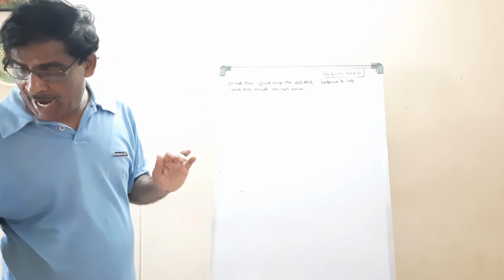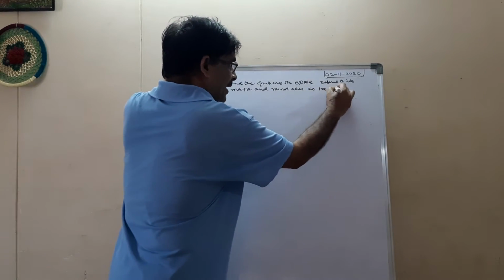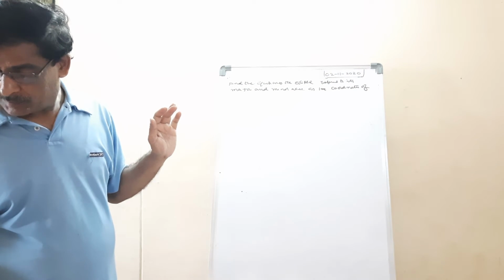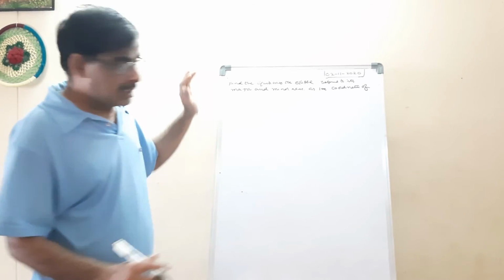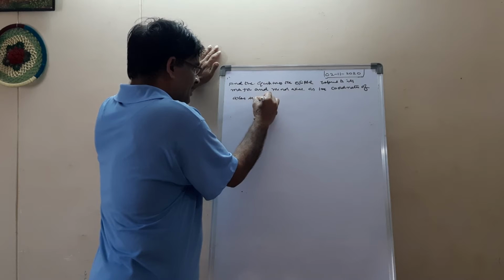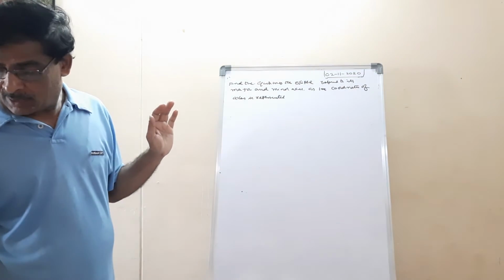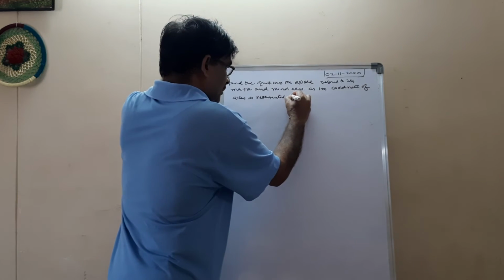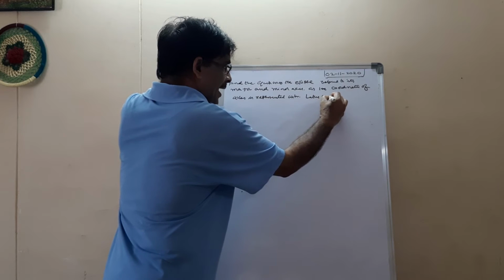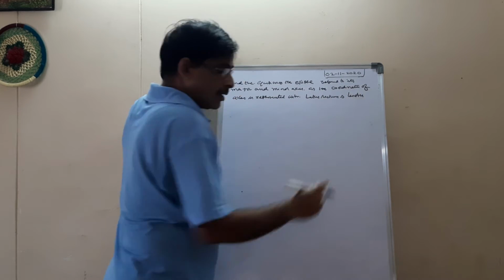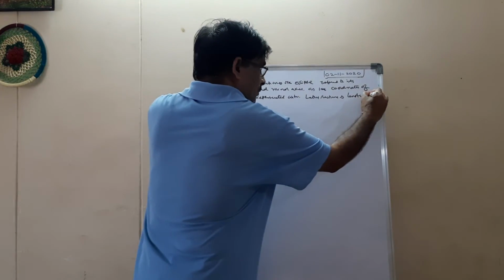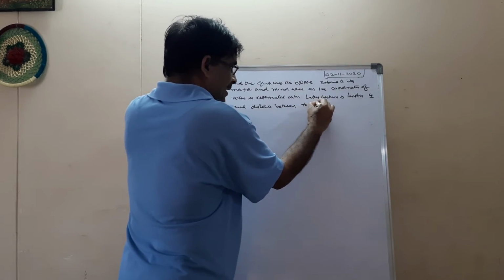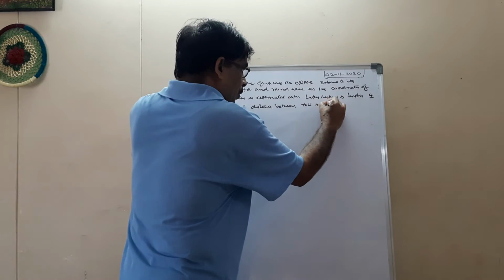Major and minor axis are represented as the coordinates of... with the latus rectum length 4, and the distance between foci is 4 root 2.